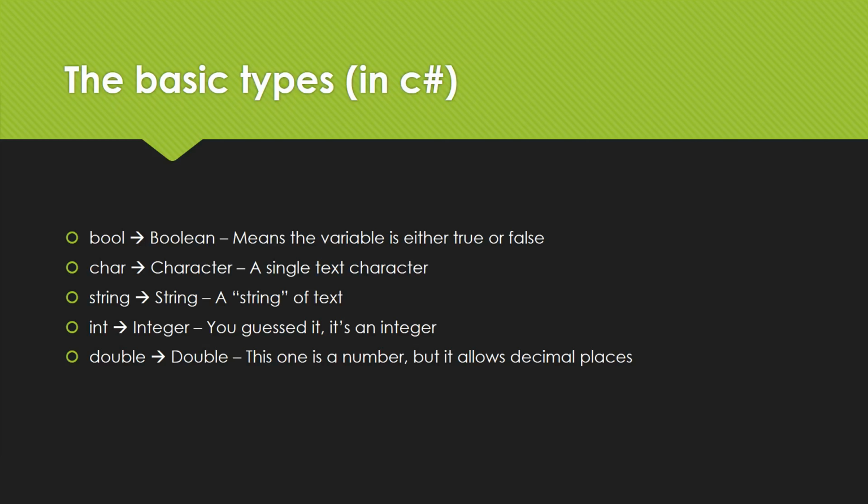A string is just a string of text, like a sentence or just a whole bunch of characters put together. They don't have to make sense to humans, but the computer is going to see it as just a string. And then int is just an integer, basically a whole number. And then double is a little more complicated, but essentially it's just a number, but it allows you to use decimal places, so it doesn't have to be a whole number.